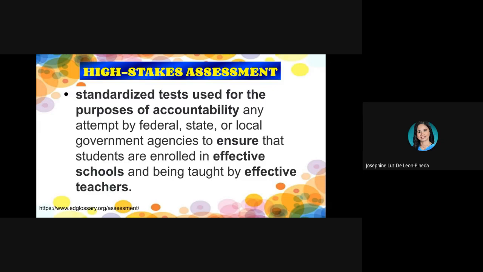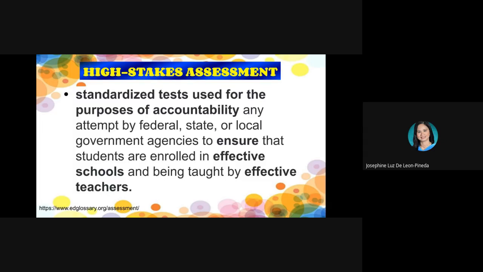So what is this high stakes test? If there is a high stakes test, then we have low stakes test. In a low stakes test, it will be used to measure academic achievement, identify learning problems, or inform instructional adjustments among other purposes.